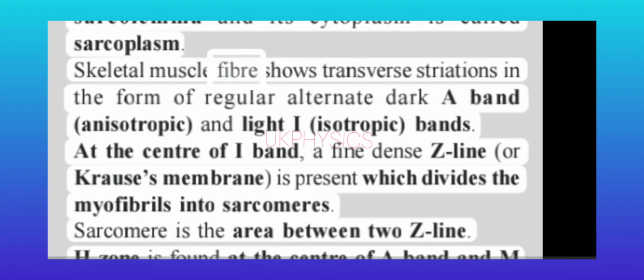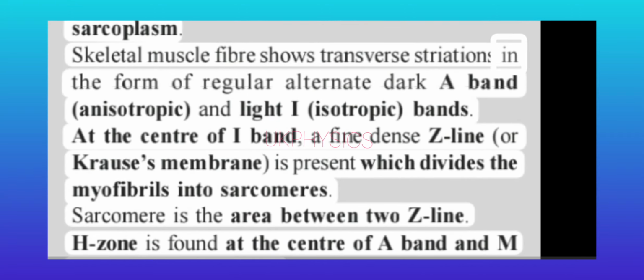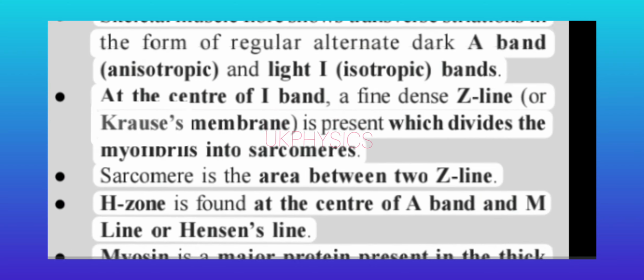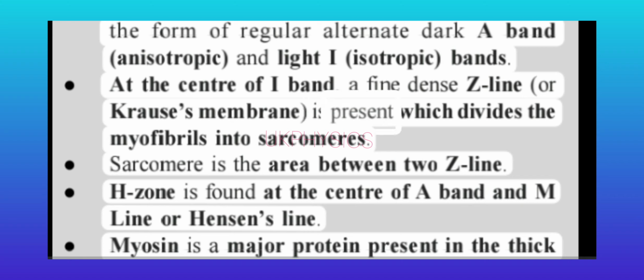Skeletal muscle fiber shows transverse striations in the form of regular alternate darker A bands, anisotropic, and light I bands, isotropic. At the center of the I band, a fine dense Z-line, or Krause's membrane, is present, which divides the myofibrils into sarcomeres.